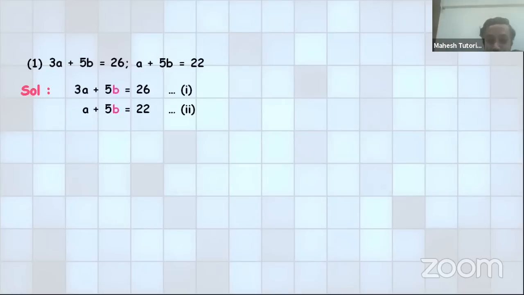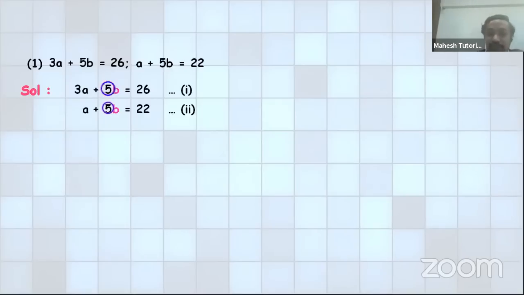Tell me in equation 2, what is the coefficient of alphabet B? 5. Perfect. तो मतलब equation 1 में भी B का coefficient is 5. Equation 2 में भी B का coefficient is 5. तो here the coefficients are already equal. तो हमें अपनी तरफ से कुछ करने की जरूरत नहीं है because the coefficients are already equal.